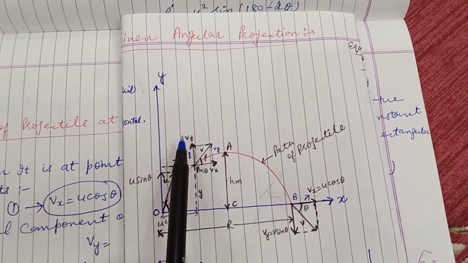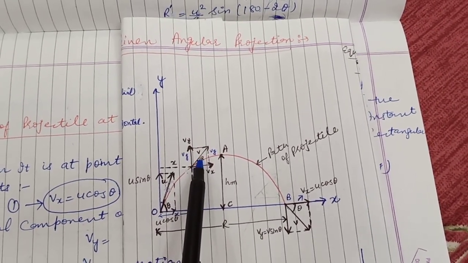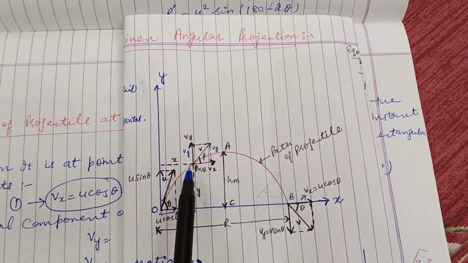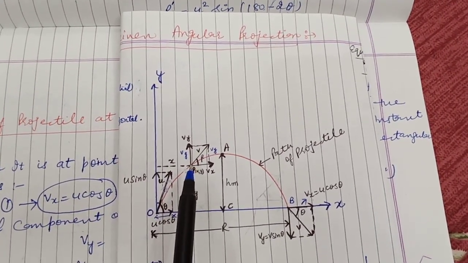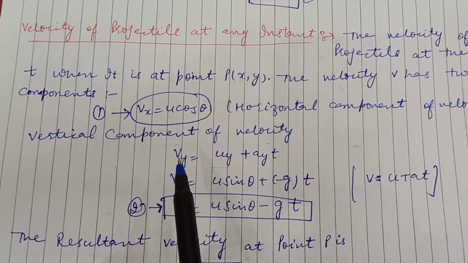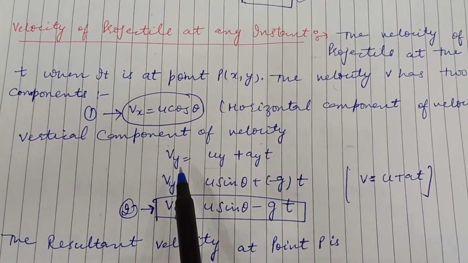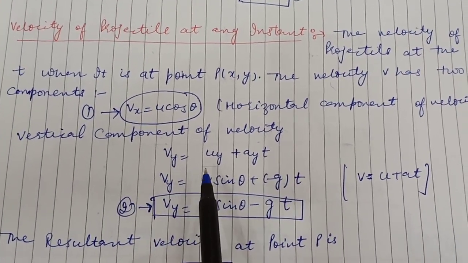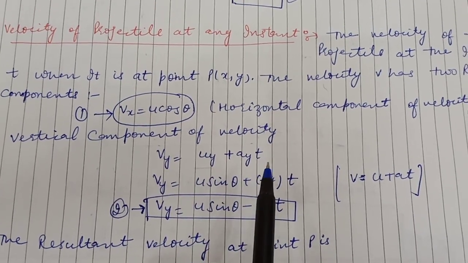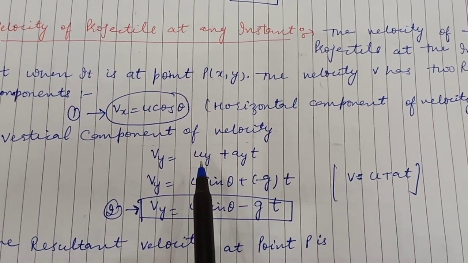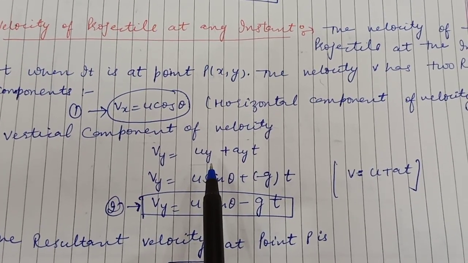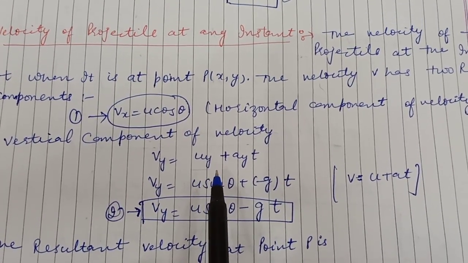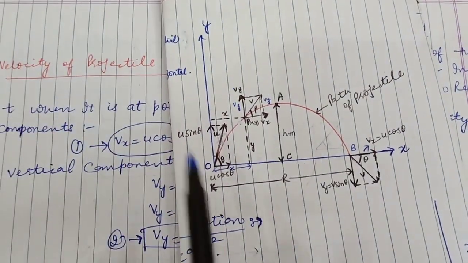And here another component of this velocity V is Vy, which represents the vertical component of the velocity. So the vertical component of the velocity Vy is equal to uy plus ay t. Again, uy represents the initial vertical component of the velocity.